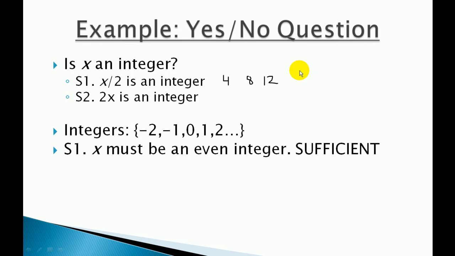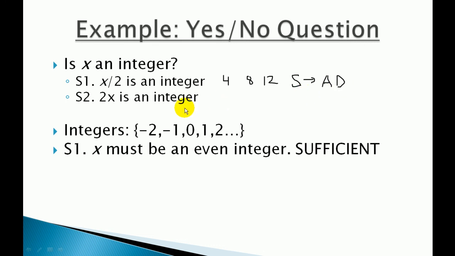In order for statement 1 to be true, you really can only plug in an even integer value. So you're able to definitively say, yes, x is an integer, and statement 1 is sufficient. Therefore, the answer is going to be A or D.